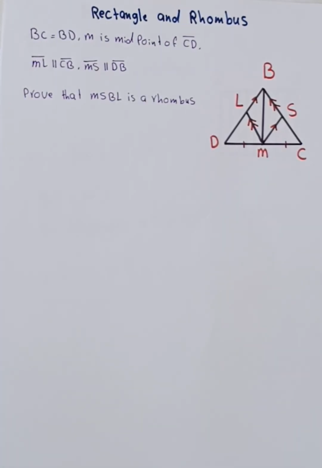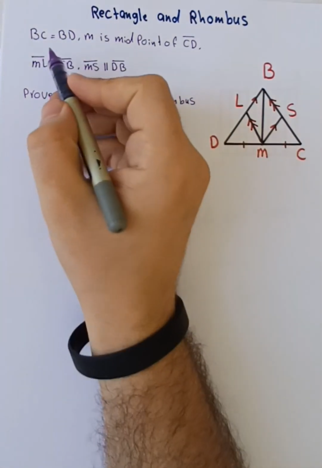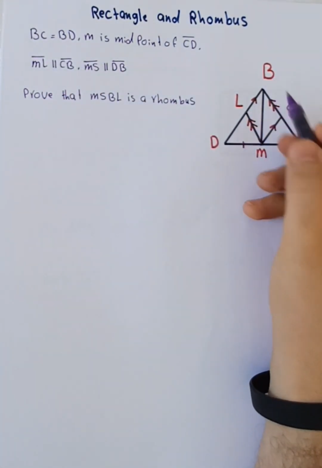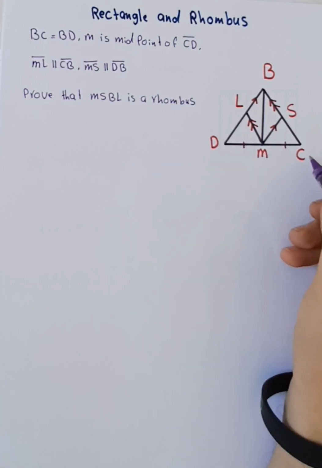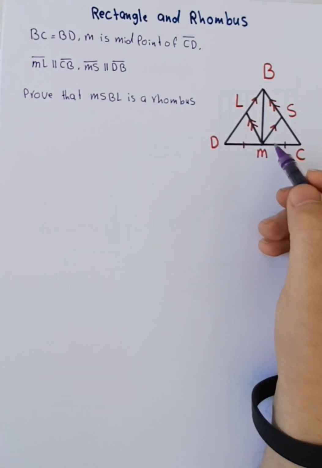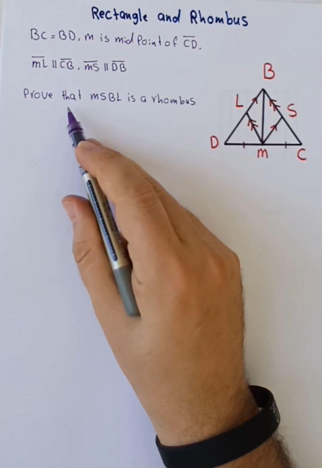After that, we have this triangle, and we have some information about this triangle. BC equal to BD, M is the midpoint of CD. It means this triangle is an isosceles triangle, and we have to prove that.